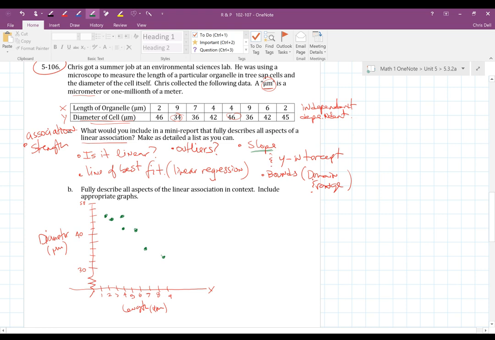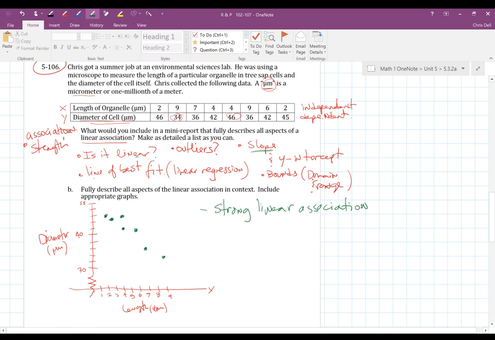I have my graph, and I would say it's a strong linear association. I don't see really any outliers. I did that. It has a strong association.